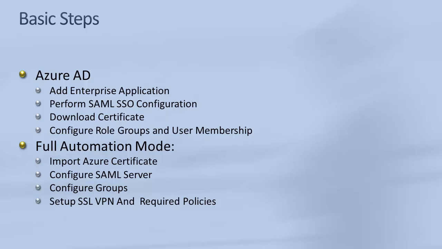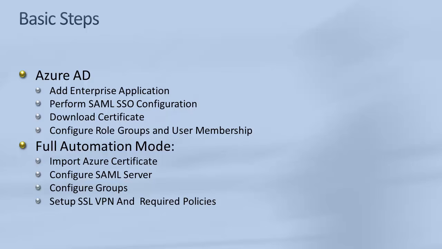However, what we're going to do at a high level here is in Azure AD through the Admin Center, we're going to add an enterprise application. We're going to perform some SAML SSO configuration. We're going to download the certificate file that's generated for this application. And then we're going to configure some role groups and their user memberships.